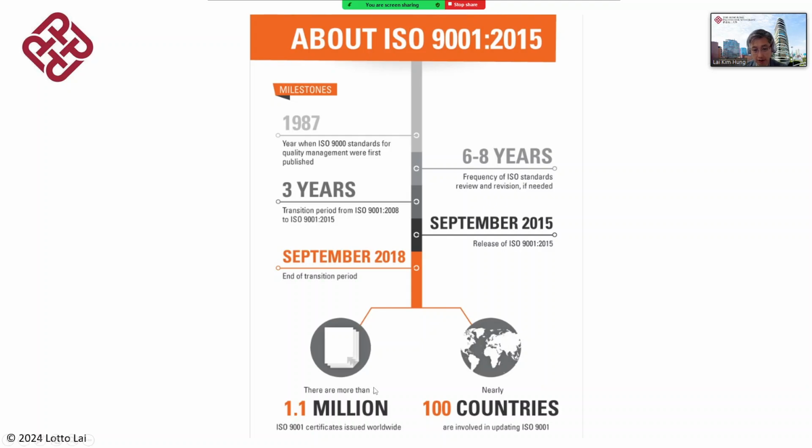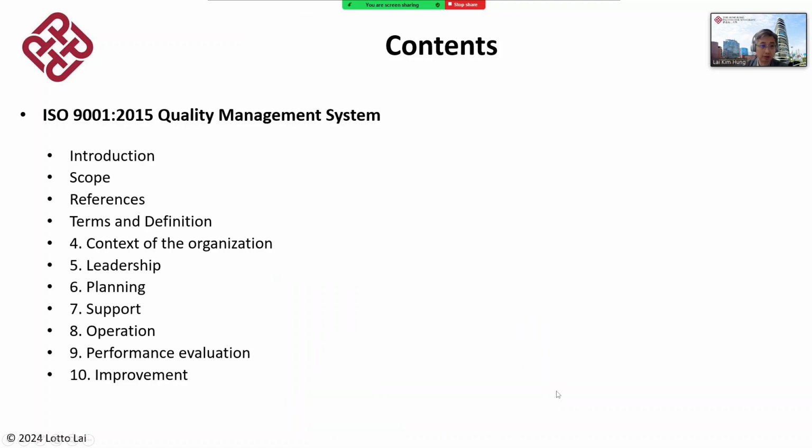There are 1 million certificates worldwide, and 100 countries or regions are involved in updating this standard. In this standard, there are 10 clauses: introduction, scope, references, terms and definitions. However, during certification, we consider clauses 4 to 10: context of your organization, leadership, planning, support, operation, performance evaluation, and improvement.